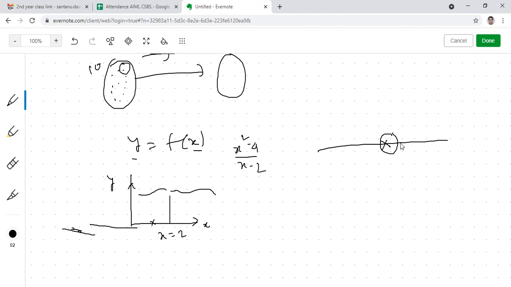Then what are the possible directions in which we can move towards this point? Is my question clear? Yes, sir.